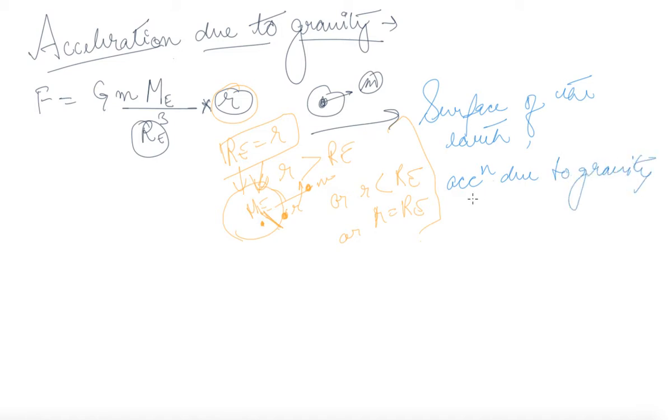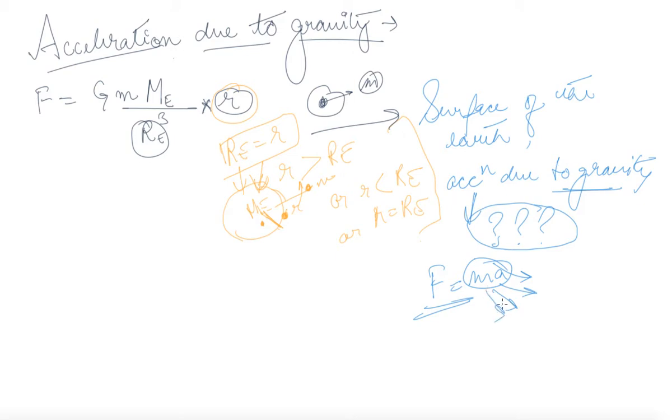Now why did the term acceleration come into play? You may ask the question, why is there an acceleration present because of gravity? Let me tell you, we know that force is equal to mass into acceleration. So when there is force, you will experience an acceleration, that is a change in velocity. Acceleration is the rate of change of velocity.